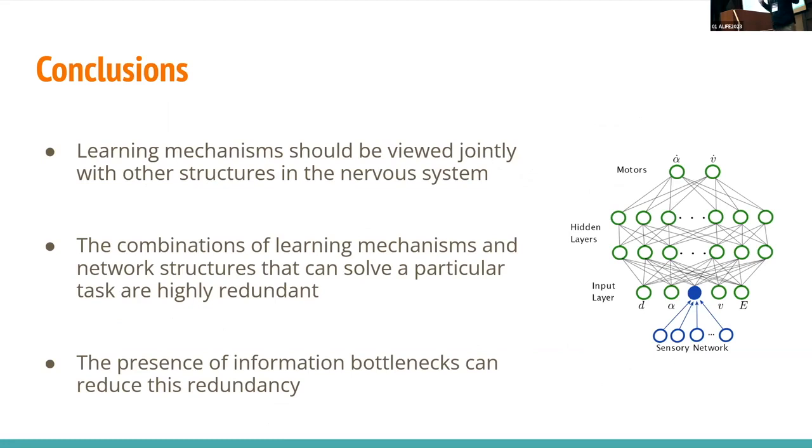So there is a big solution space. Introduction of information bottlenecks can reduce this redundancy. And if these information bottlenecks exist naturally, as is the case in many biological systems, then this may help us in studying them, but also if we introduce them in artificial systems, it can also help in this direction.